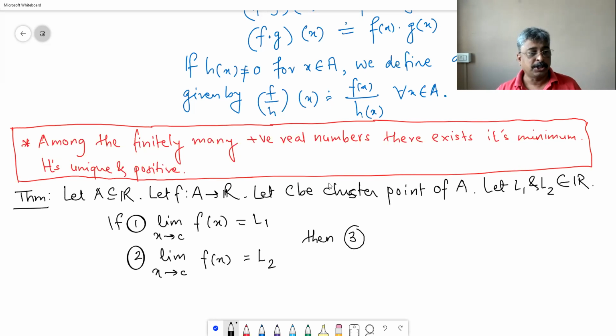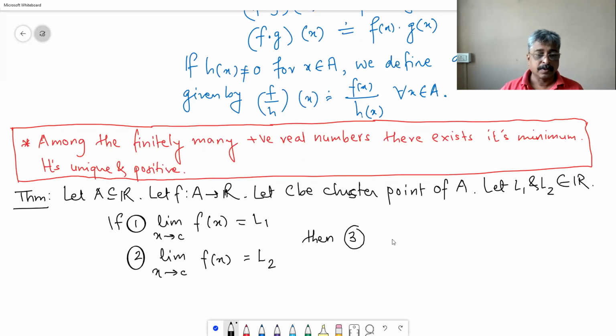This is the first limit-related identity that we are going to prove. The first statement is that this limit is L1, the second statement is that this limit is L2, then what should happen? That is the first theorem. Can you tell me what should be the third thing that we write?